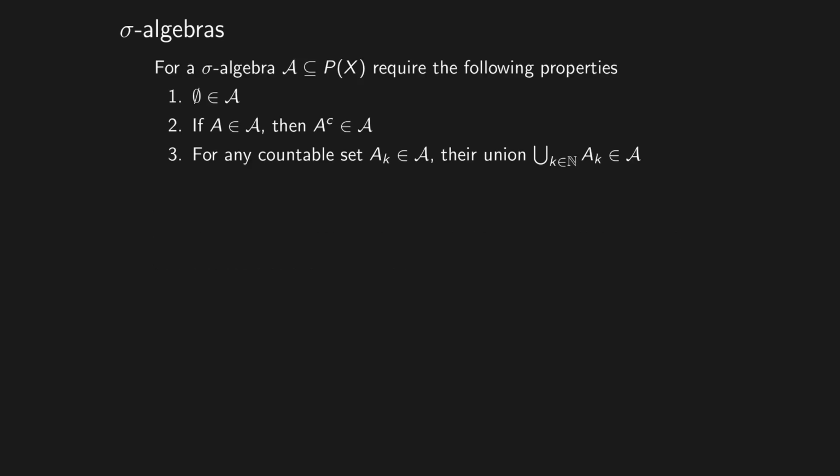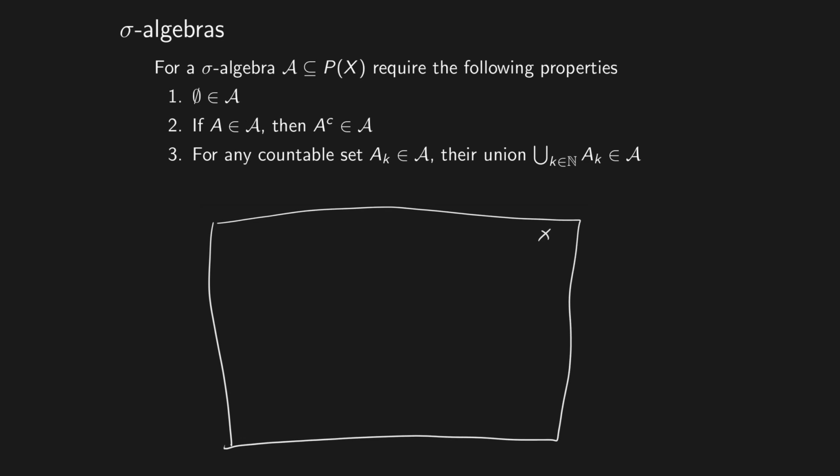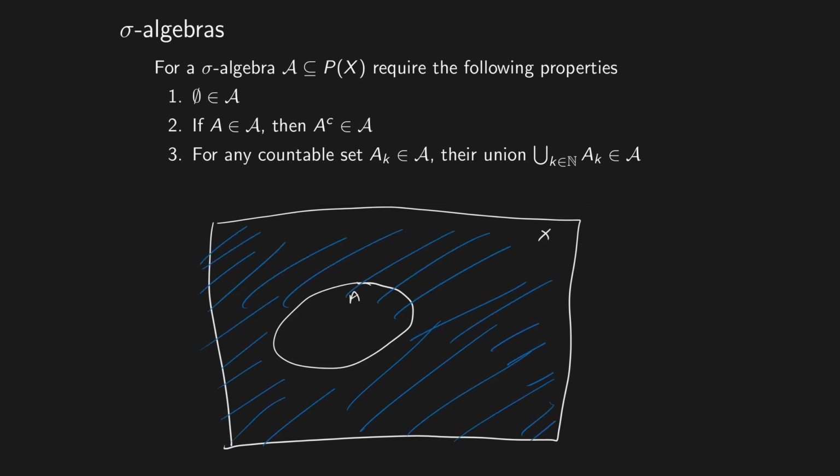Sigma algebras have three properties. The first is that the empty set must be in our sigma algebra. The second is that if we look at our set X and some subset A that's in our sigma algebra, then its complement is also going to be in our sigma algebra.